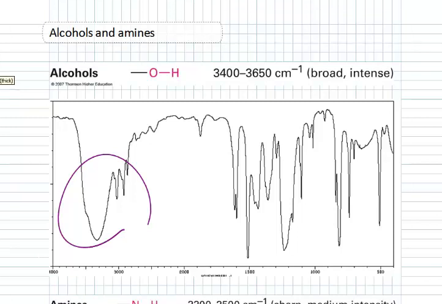Now, one thing to watch out for is that in certain types of ATR, like the ones that we have, the peaks above 3000 will be much weaker than what we see in our references. So an alcohol peak might look something like this if we were doing it on our ATR.